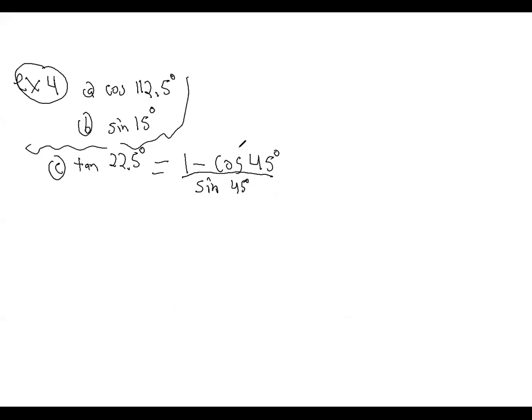And we know that the cosine and sine of 45 degrees are both 1 over square root of 2, but 1 over square root of 2 is square root of 2 over 2 after you rationalize. So this is going to become 1 minus square root of 2 over 2. Again, that's the cosine of 45. And then the sine of 45 is also square root of 2 over 2. And that's because the adjacent and the opposite are the same value, 1.